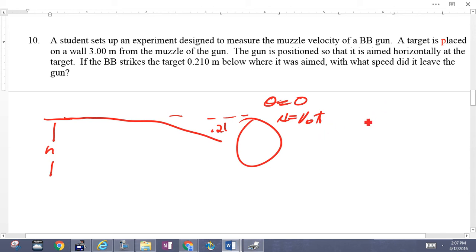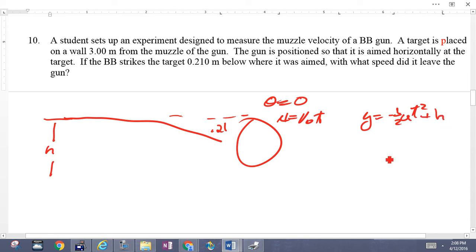And our equation in y is negative 1/2 a t squared plus h sub 0.